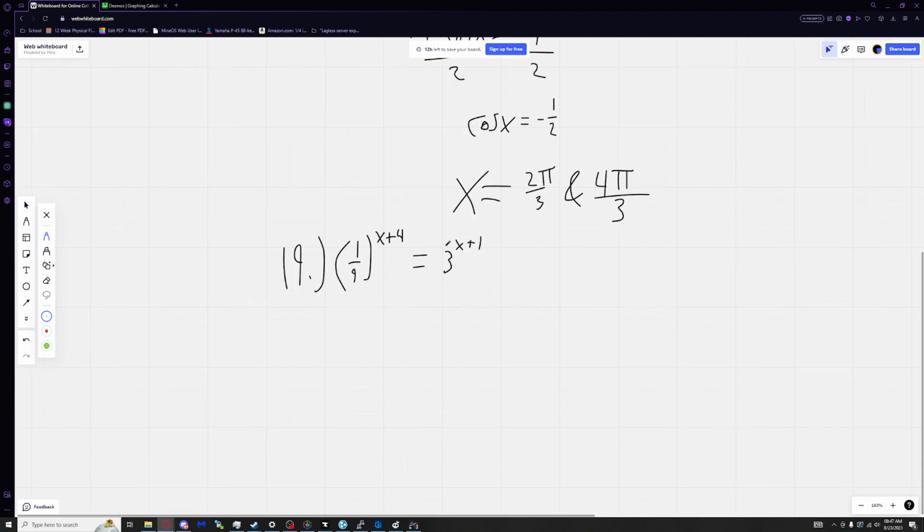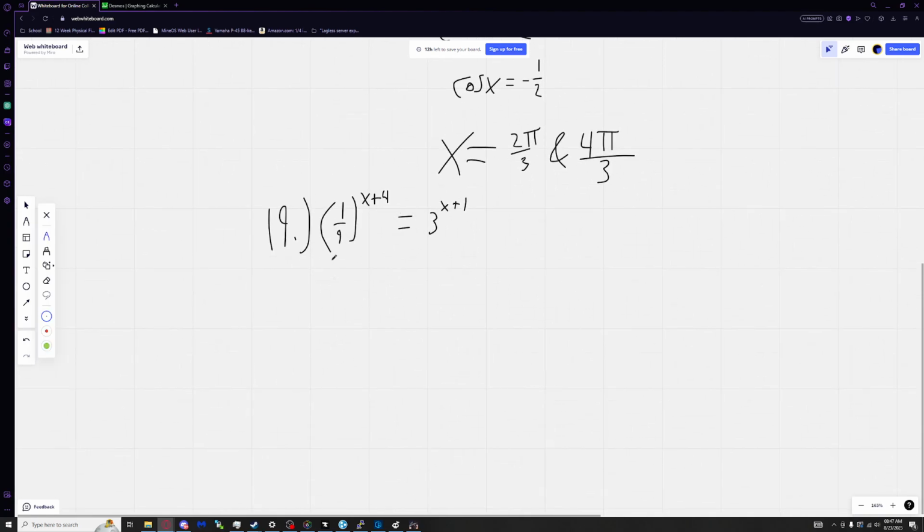So we can actually get that in terms of 3 if we take 9 and put it to the -1/2. Or sorry, my bad, this is 3 to the -2 times x plus 4, which is equal to 3 to the x plus 1.